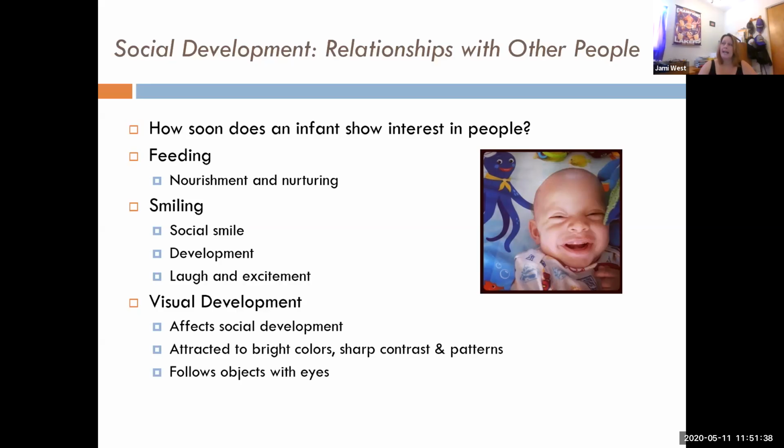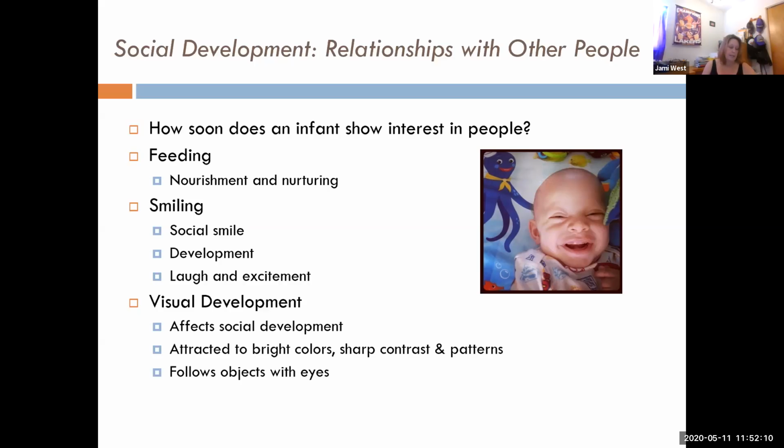Smiling is a milestone that infants will develop, right? That social smile right around 6 weeks old. And it is the best, right? It doesn't matter what kind of day you're having. You see my grandson right there. As soon as you see that gummy smile from an infant, you can't help but smile back, right? But it is proof that we are created relational beings.